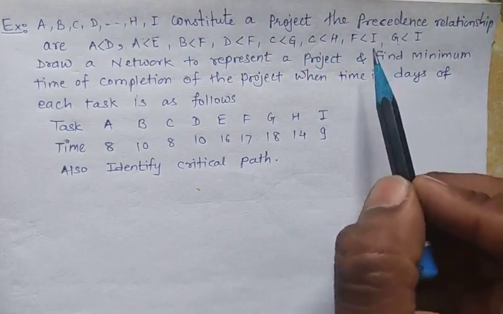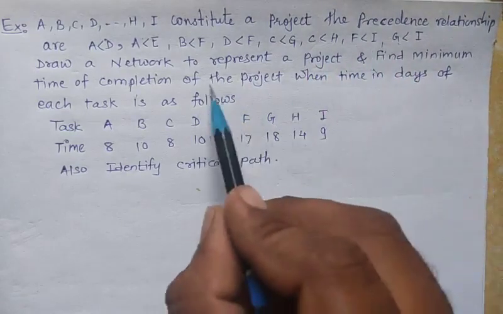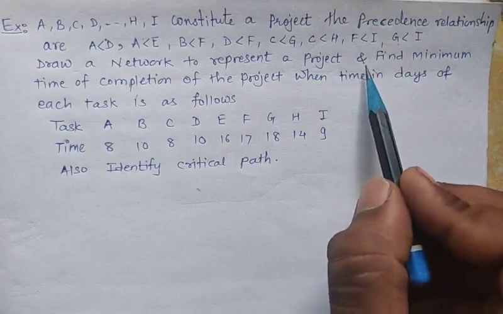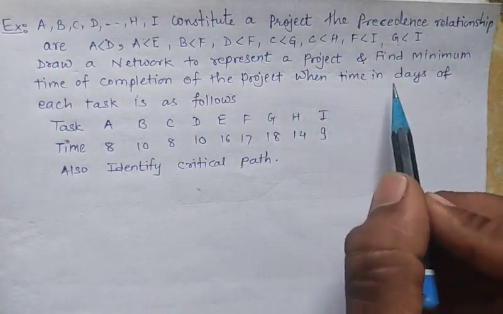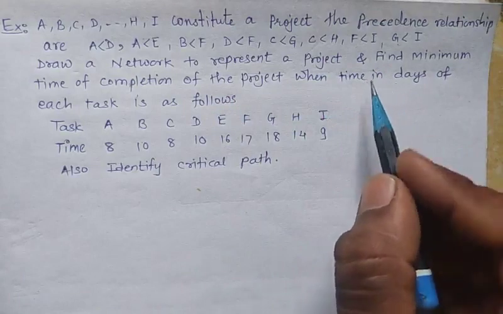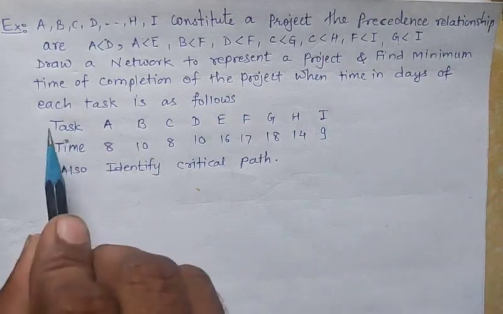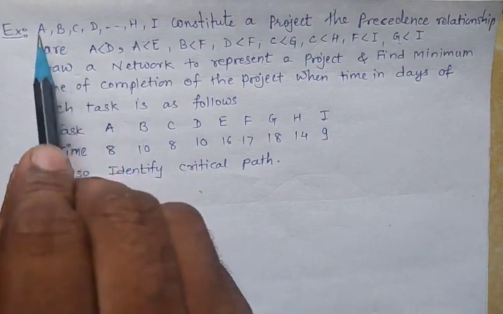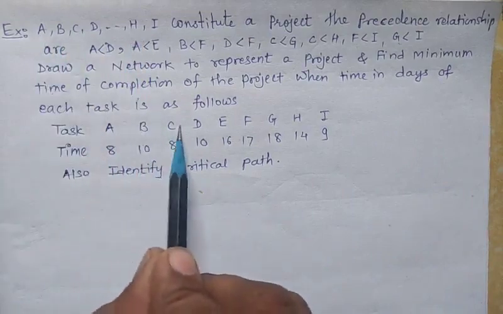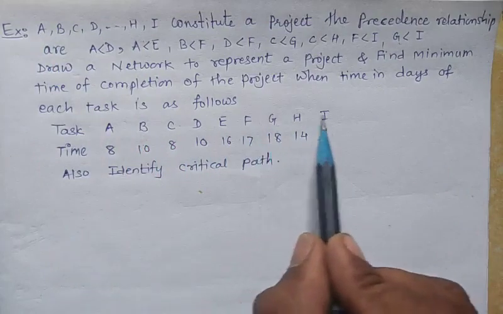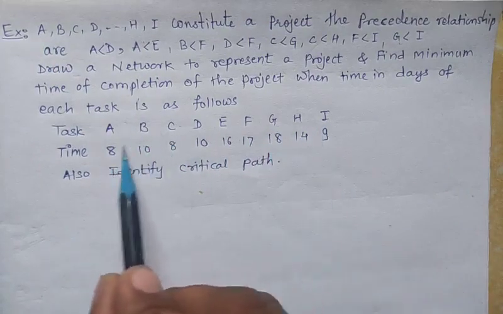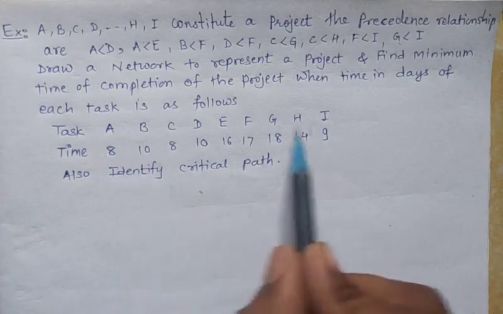Now question is, draw network to represent project and find out its minimum time of completion of the project when time in days of each task is as follows. So for each task, for A to I, there are 9 tasks, and for each task we have time given.